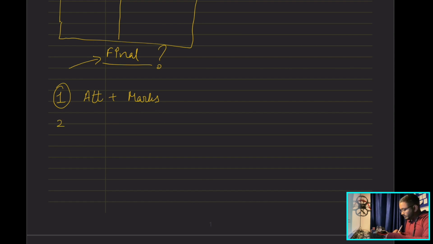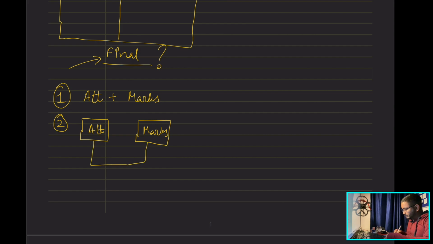The second possibility is that the teacher will create individual sheets, one for the attendance and one for storing the marks of the student, and then the teacher will combine the results from both the sheets and enter the data into sheet 3, that is the final sheet. Now let us see the differences in these two options.